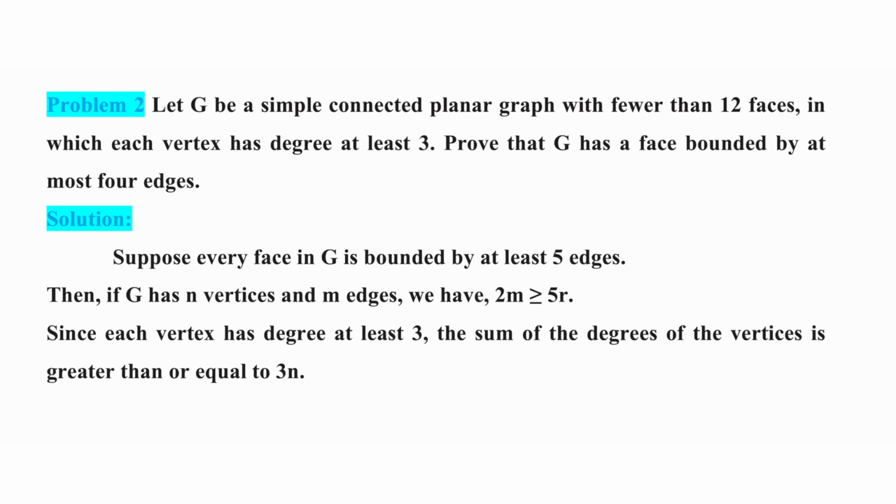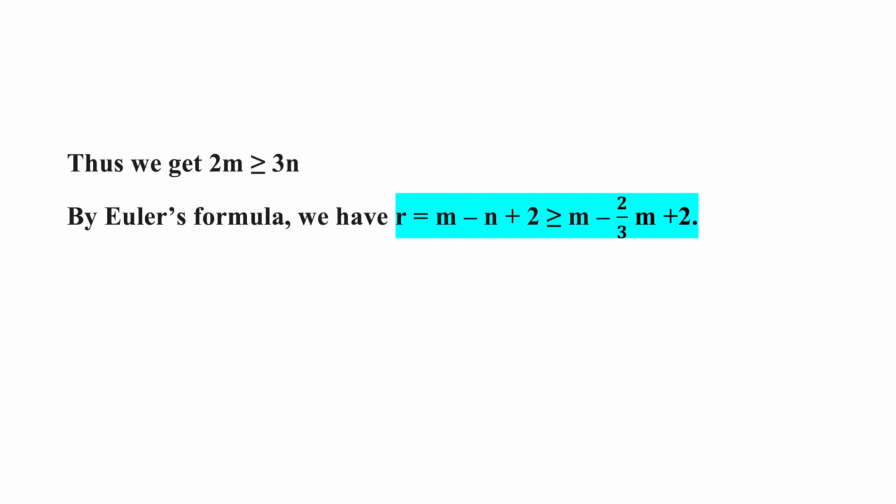Since each vertex has degree at least 3, the sum of the degrees of the vertices is greater than or equal to 3n. Thus, we get 2m is greater than or equal to 3n. So, by Euler's formula, we have r equals m - n + 2, which is greater than or equal to m - (2/3)m + 2.